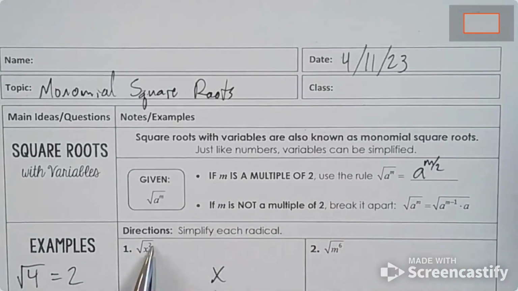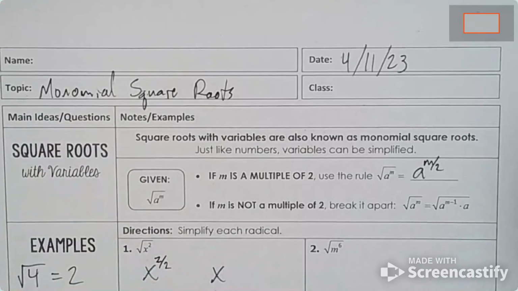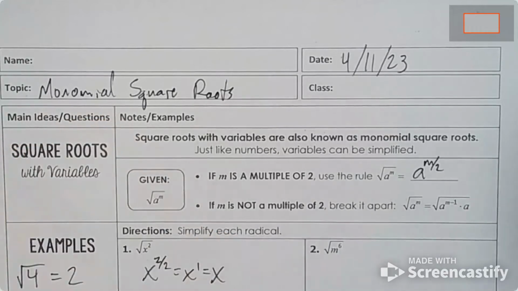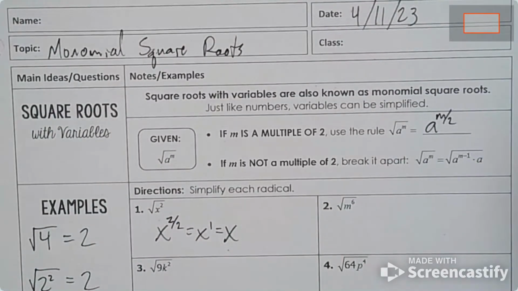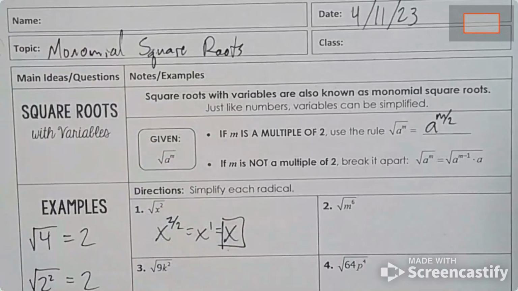Well, the exponent here is 2. So we would have x to the 2 divided by 2. What's 2 divided by 2? 1. So that would equal x to the first power. Well, x to the first power is just x.